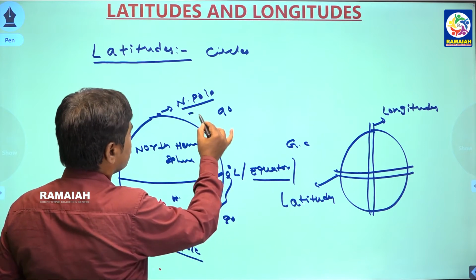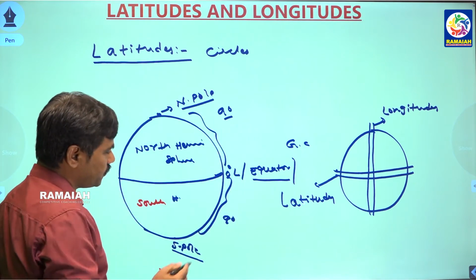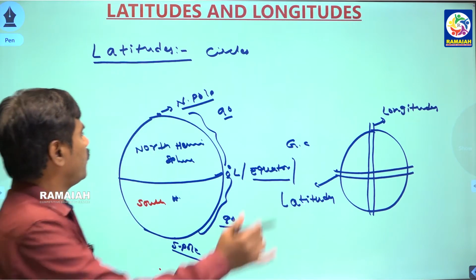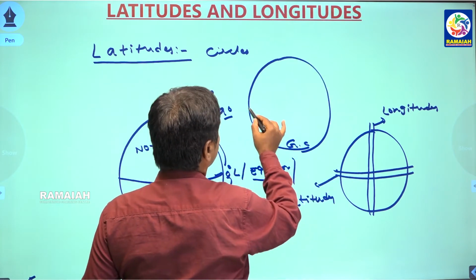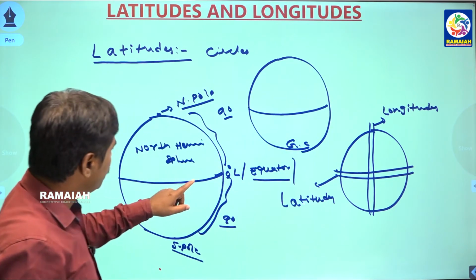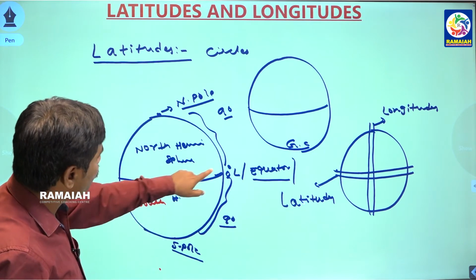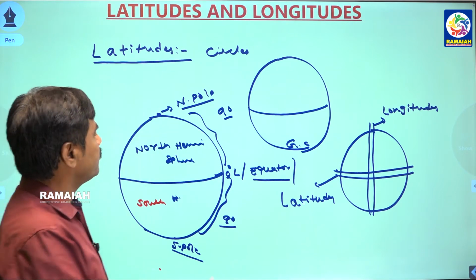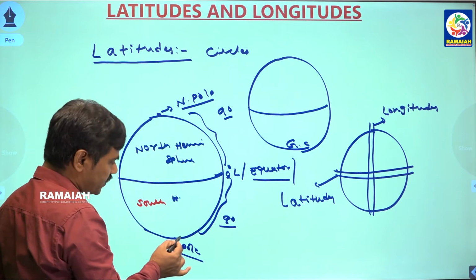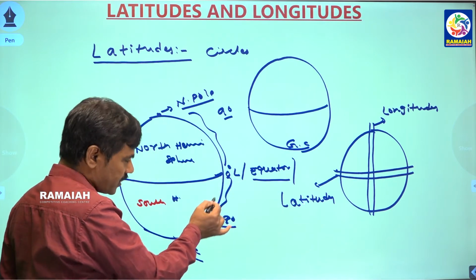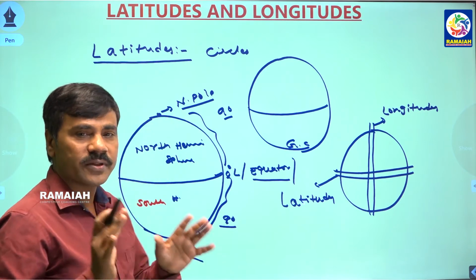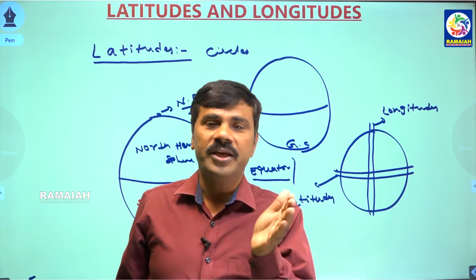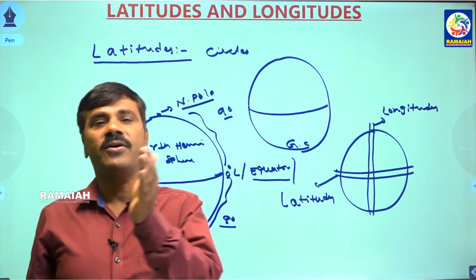Going gradually poleward from the equator, the number of latitudes increases. Going towards the North Pole and South Pole, the size of the latitudes decreases. That means the latitudes are not equal; the lengths of the latitudes are not equal.